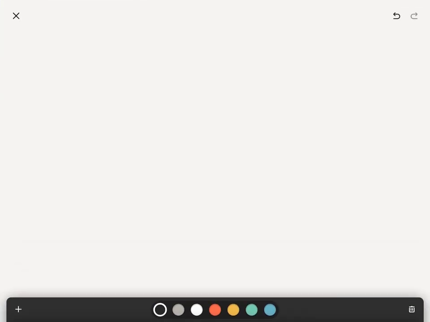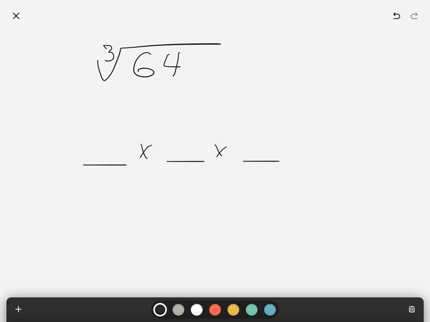Okay, now we are introducing a symbol. It's like square root, except it's cube root. Where, say you had that, what it's asking is, instead of what times what is 64, it's saying what times what times what equals 64.